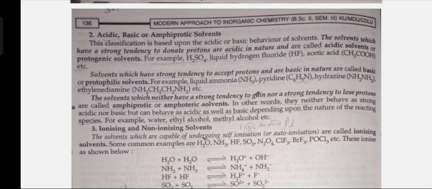Also, the solvents which have neither a strong tendency to gain nor to lose protons are called amphiprotic or amphoteric solvents. In other words, they behave neither as strong acids nor as strong bases, but can behave as acidic as well as basic depending upon the nature of the reacting species. For example, water, ethyl alcohol, and methyl alcohol.